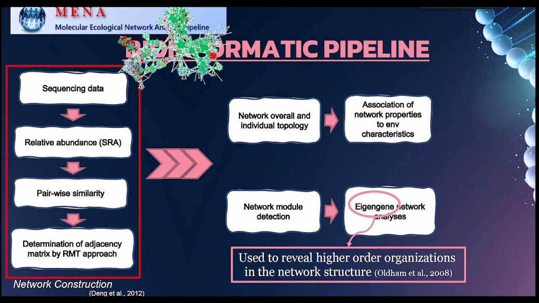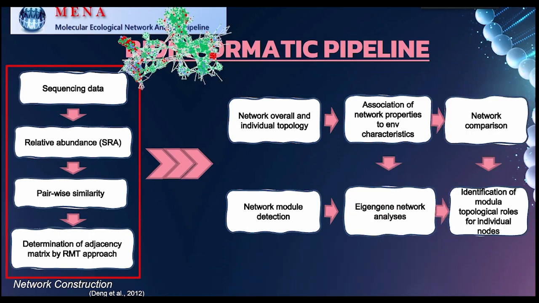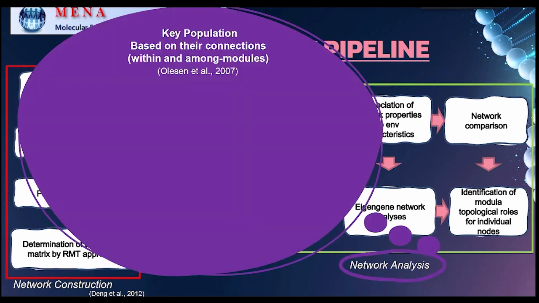And of course, you can compare. If you have different cropping systems, you have different treatments, you can compare and see the change between the networks with the microorganisms. In addition, you can also classify the microorganisms in 4 different roles based on the Olesen classification.